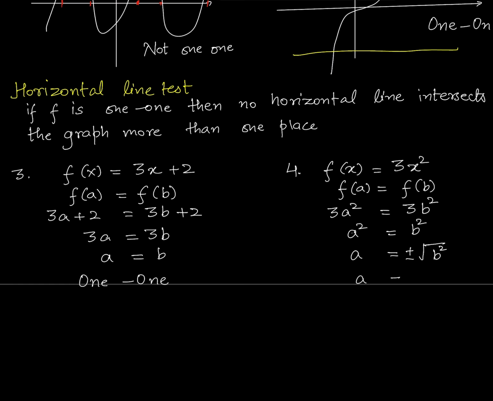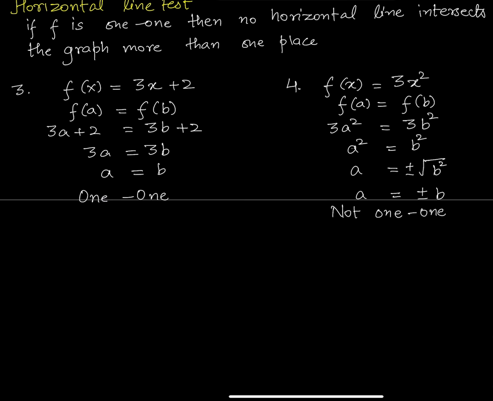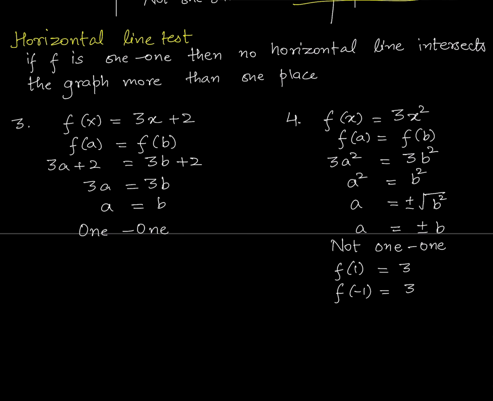So I got a is equal to plus minus b. So a is equal to b also, but a is equal to negative b also. So in this case, our function is not 1-1. So what does that mean? If you will look at the image of f of 1 or its negative, you'll get the same image. In both cases, you will get images 3. So this is not 1-1.